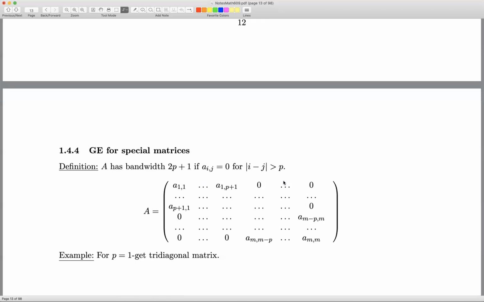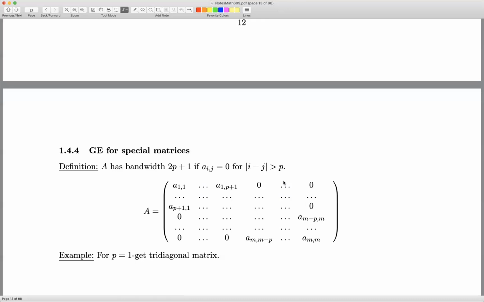Now, this method is, first of all, less costly and simpler if the matrix is simpler. In what sense is the matrix simpler? If the matrix, for example, is a tri-diagonal matrix.